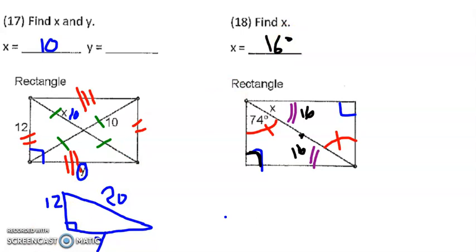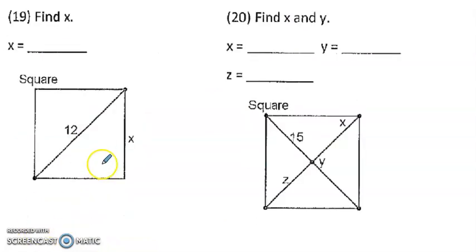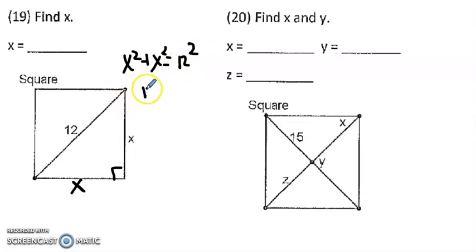Right. For the last problem, the square, this one here actually is a Pythagorean theorem problem. We have a right triangle here, so we have x squared plus x squared equals 12 squared, which is the hypotenuse. So x squared plus x squared is 2x squared, which is going to equal 144.